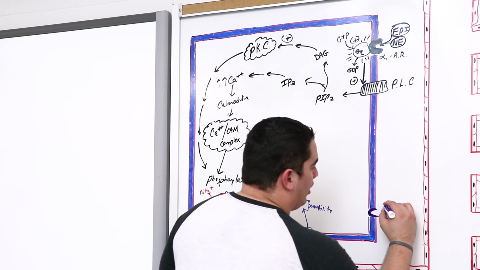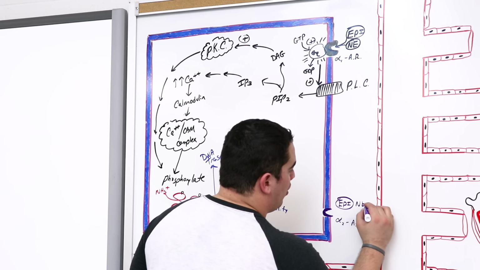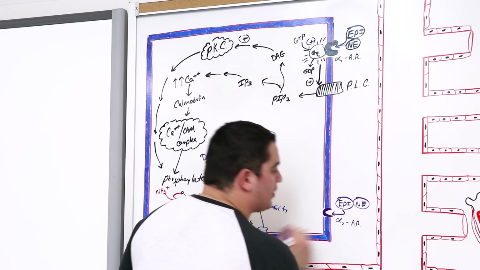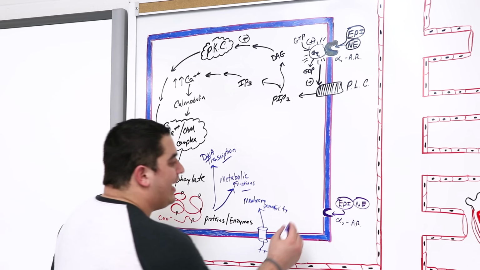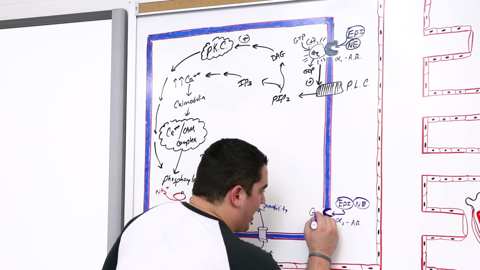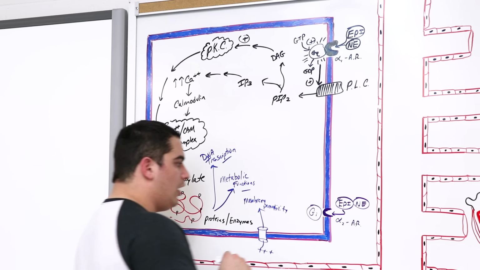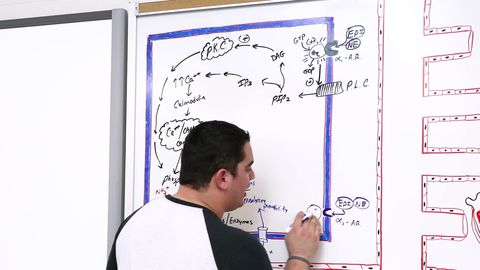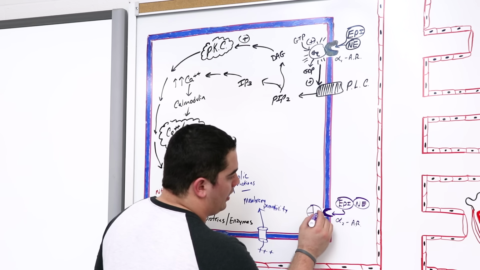So whenever epinephrine or norepinephrine bind onto these receptors, and again, epinephrine has a higher affinity than norepinephrine, it'll activate an intracellular G inhibitory protein.